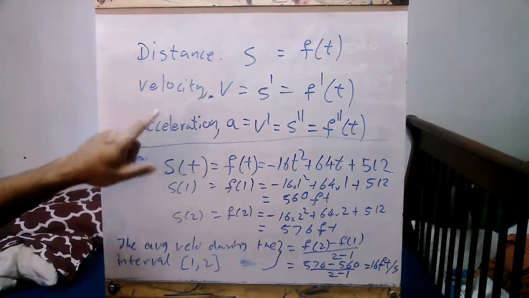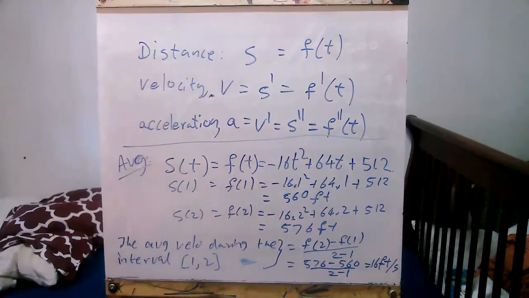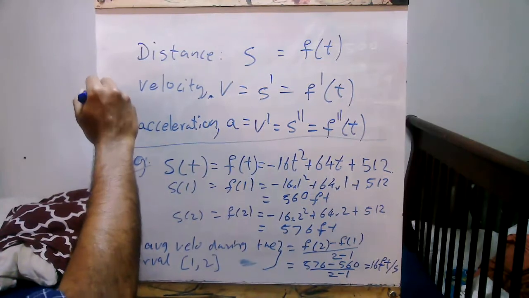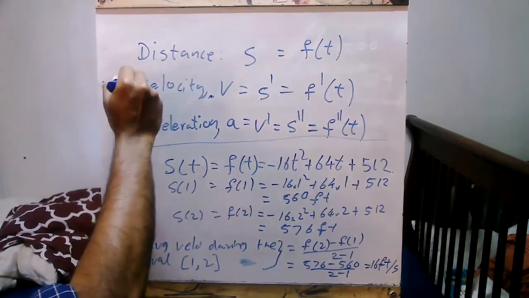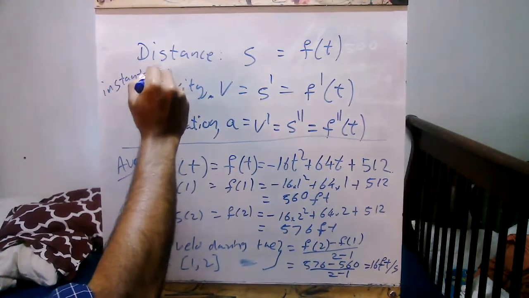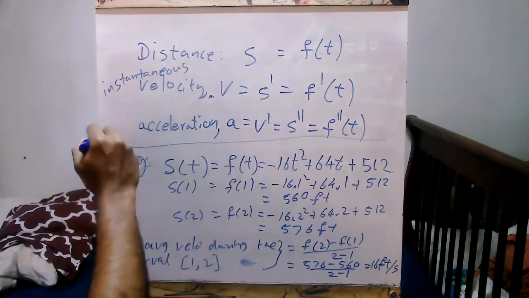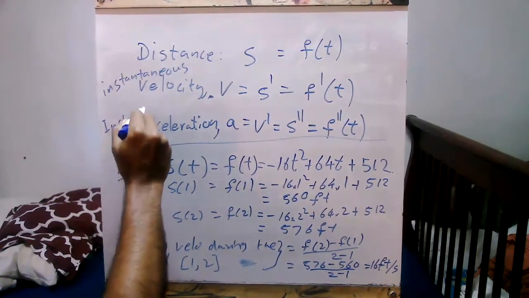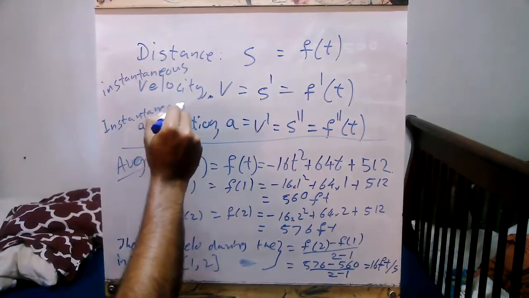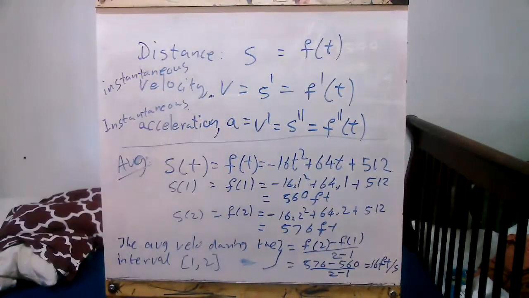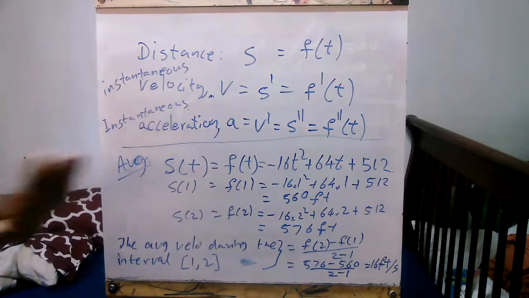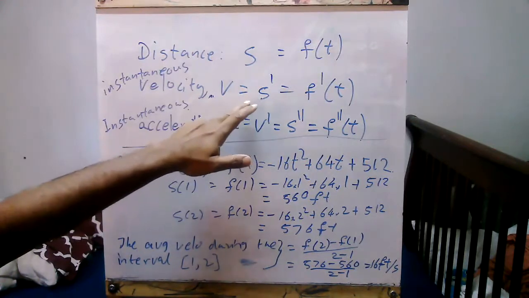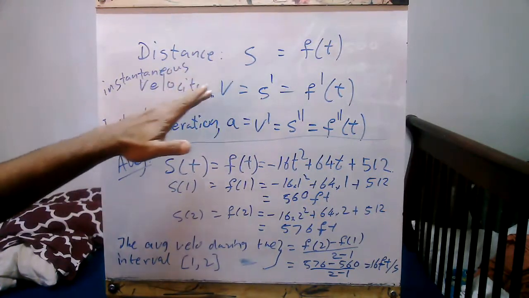Now these we call instantaneous velocity, instantaneous acceleration. When we say instantaneous, that is at a particular place; with the distance function we can find the velocity at any place.